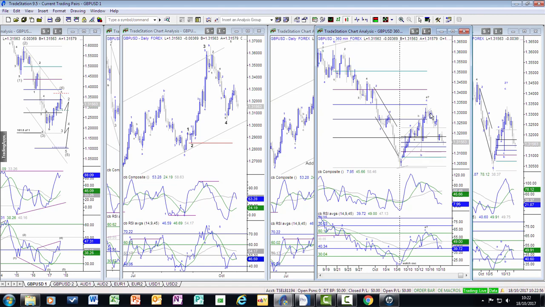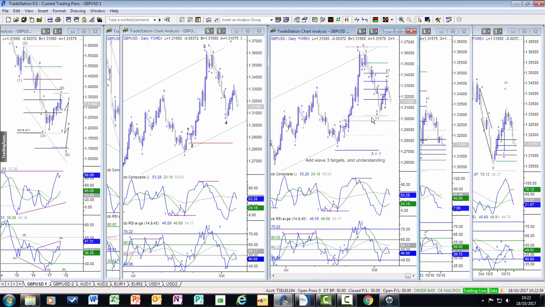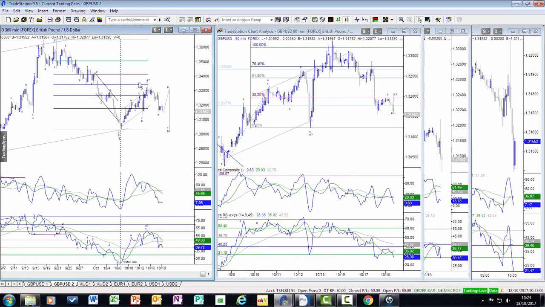Now that could be labelled at this moment in time as a 1, 2 or a 1, A. The expectation is that I think this correction is potentially too small for correcting this piece of data to the downside, and we have an ABCA.